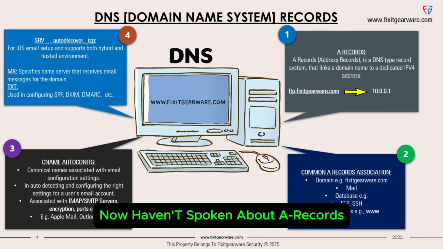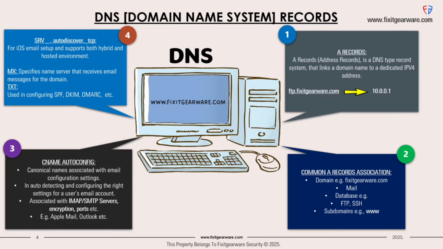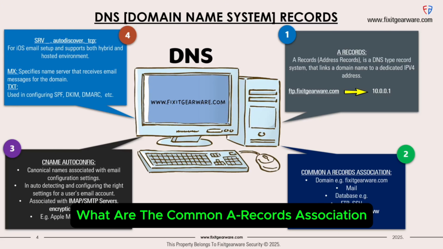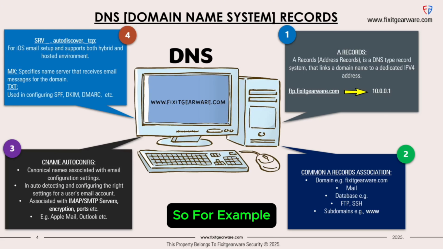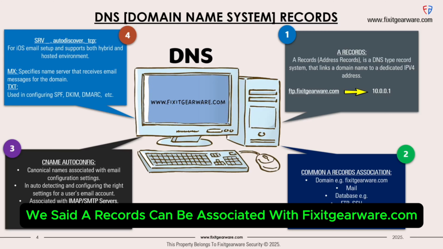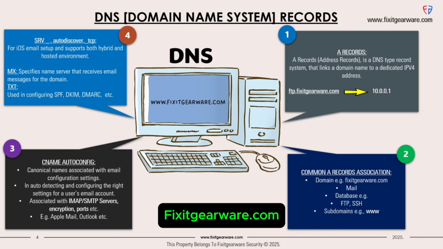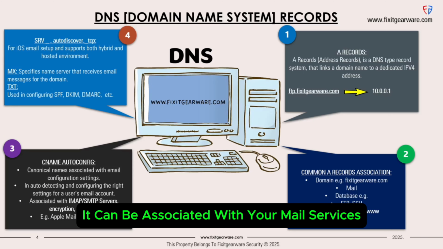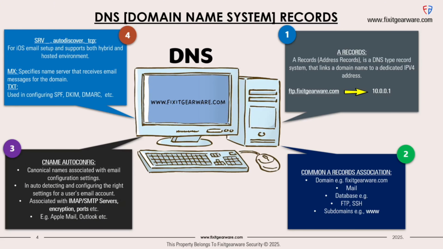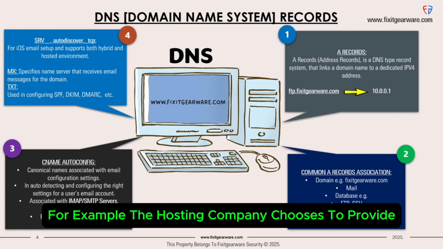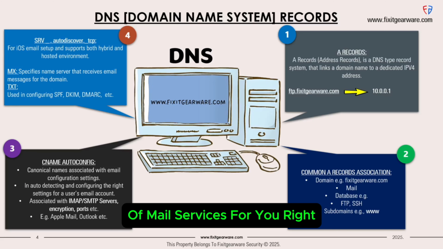Now, having spoken about A records, what are the common A record associations? So for example, we said A records can be associated with FixitGearWare.com. It can be associated with your mail services. Let's say, for example, the hosting company chooses to provide mail services for you, right?